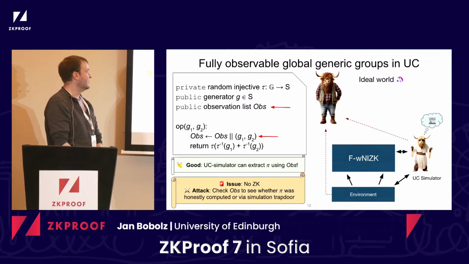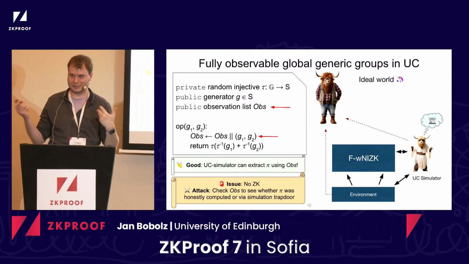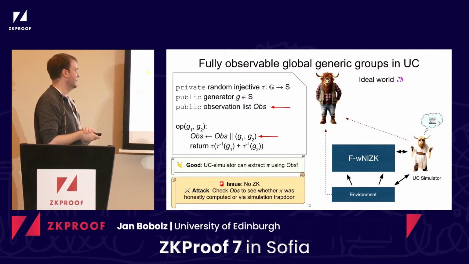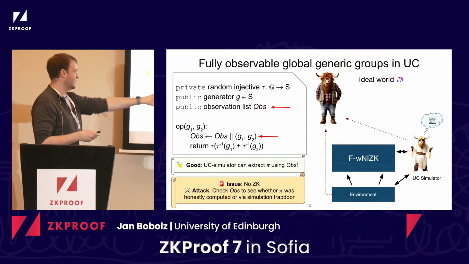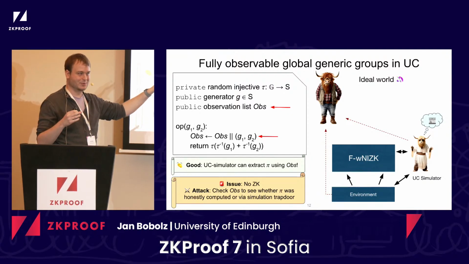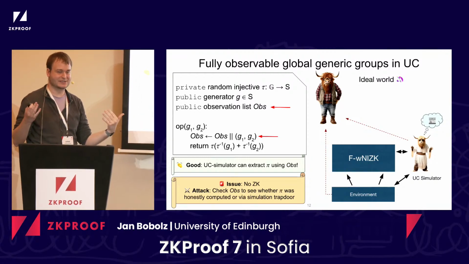So this model is good for observation and good for extraction, but it's not great for ZK. You can also think of it as the environment being able to extract the proofs, like everyone is, because everyone has access to the observation list. So we can't have zero knowledge.